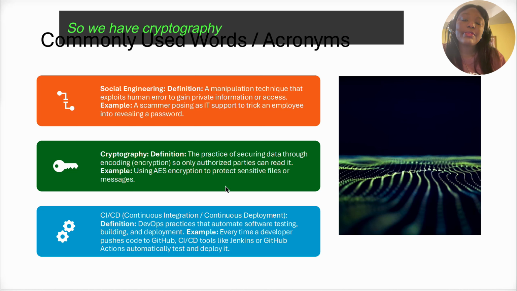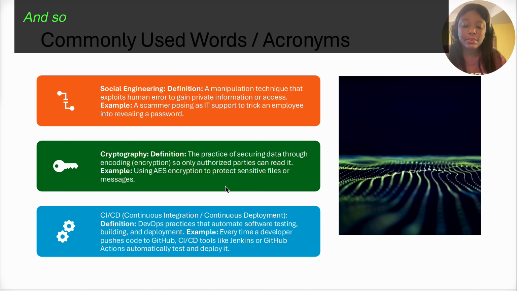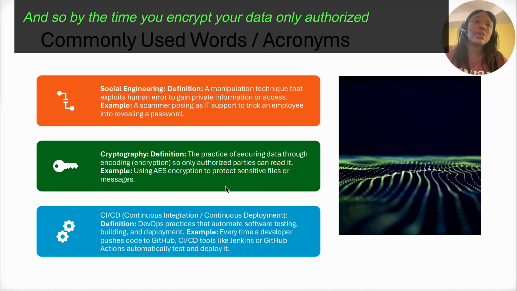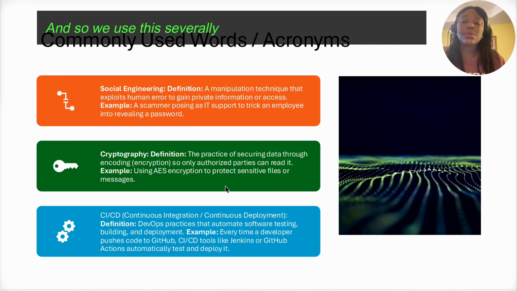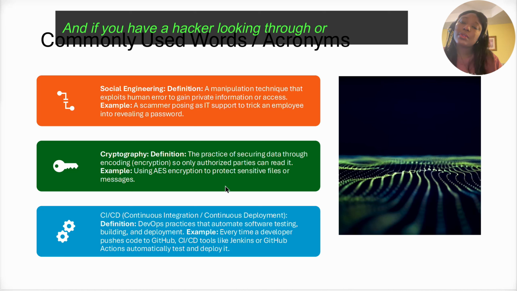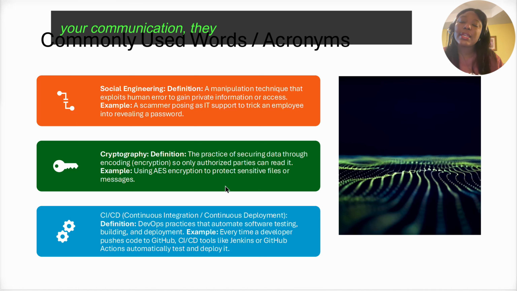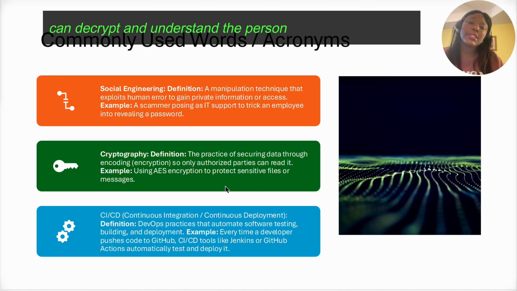So we have cryptography also, which is the practice of securing data through encryption or encoding. And so by the time you encrypt your data, only authorized parties will be able to read it. And so we use this severally in so many things where we have end-to-end encryption. And if you have a hacker looking through or intercepting your communication, they can't even decode what that is, because only the person receiving the information can decrypt and understand, and only the person sending understands.